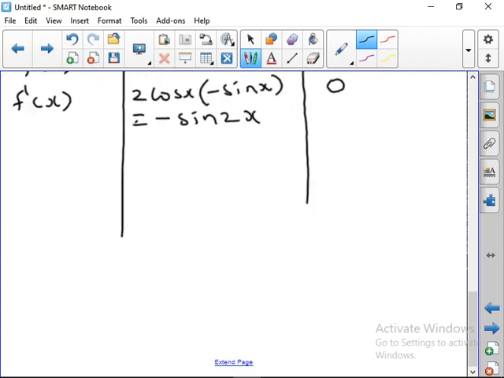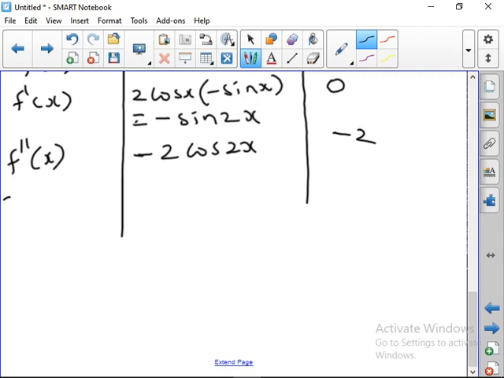Now what is f double dash of x? Minus sin 2x differentiated gives cos 2x into 2, so minus 2 cos 2x. Put x is equal to 0, cos 0 is 1, so this is minus 2.